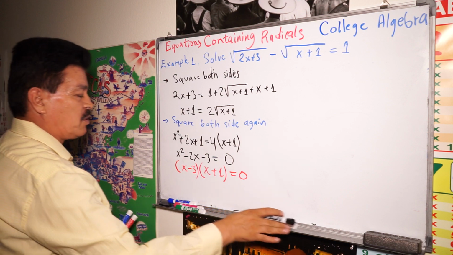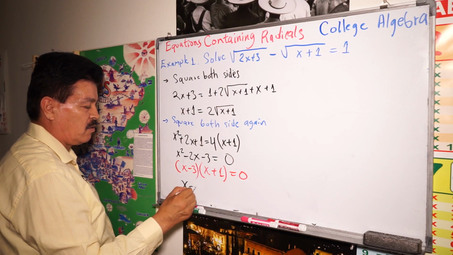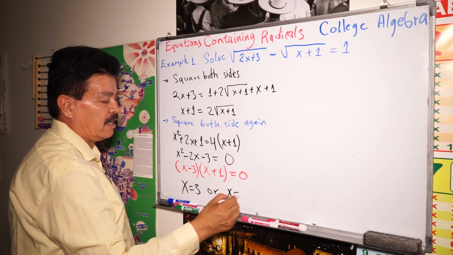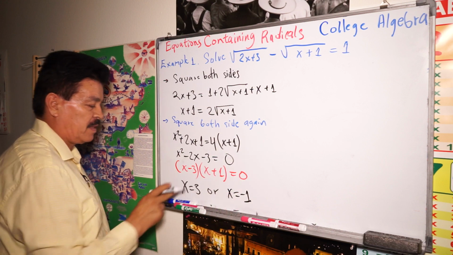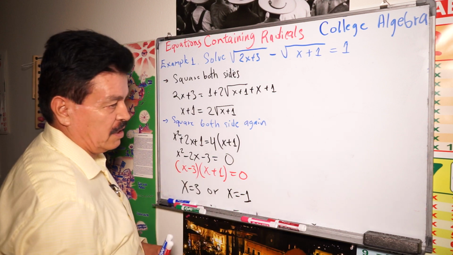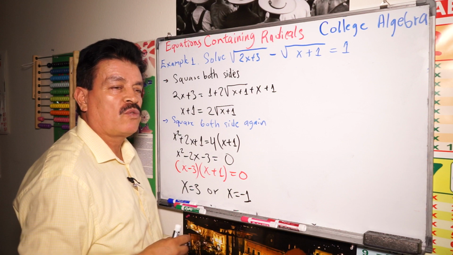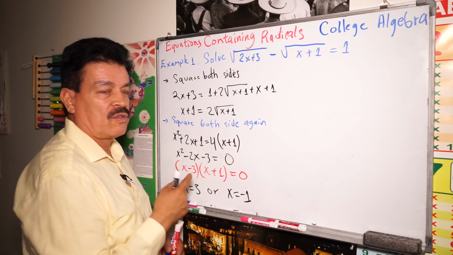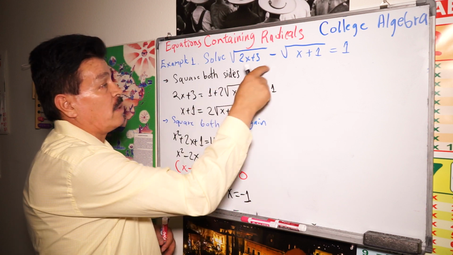Now you have the answer ready. So x equals 3 or x equals negative 1. You know how to do this process. So now we must check those answers, or those roots, in the original equation.